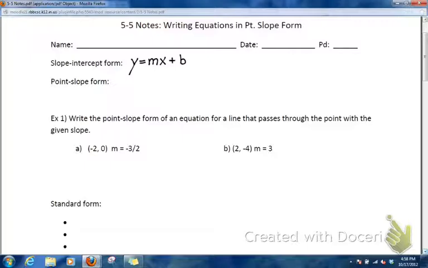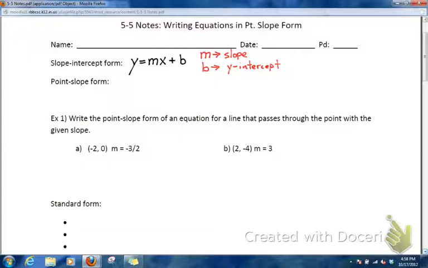The fact that they use the name slope-intercept form is because, if you remember, m represents your slope and b represents your intercept. In this case, your y-intercept. Hence the name slope-intercept form. You know, pretty simple there.